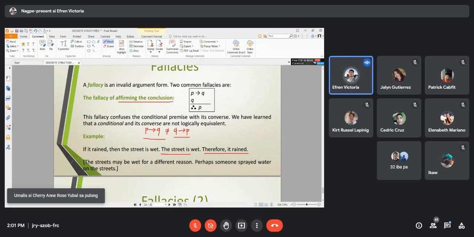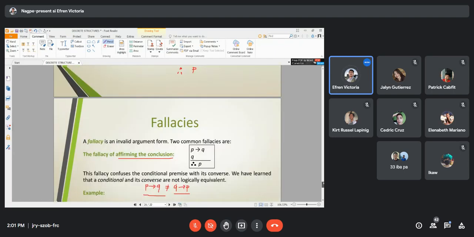Perhaps someone sprayed water on the streets, or water was spilled. Therefore, the reason the street is wet is not rain, or it's not due to rain. The street is wet, therefore it rained. So, it's not 100% that the road is wet because of the rain. So, that is affirming the conclusion.